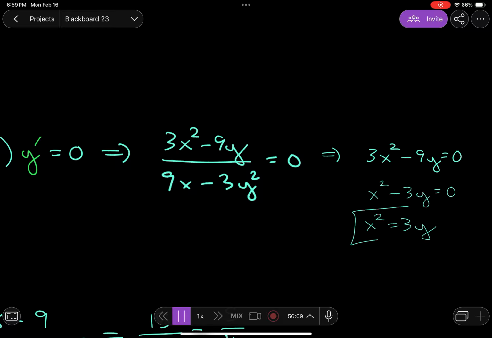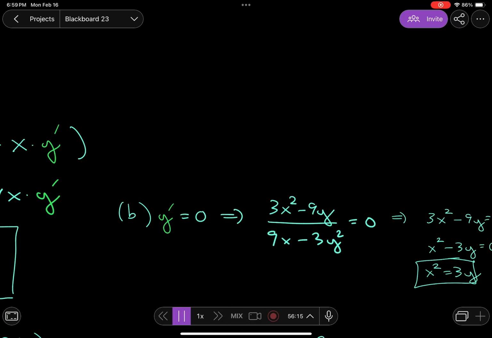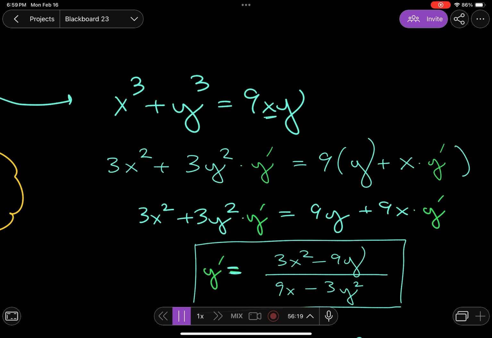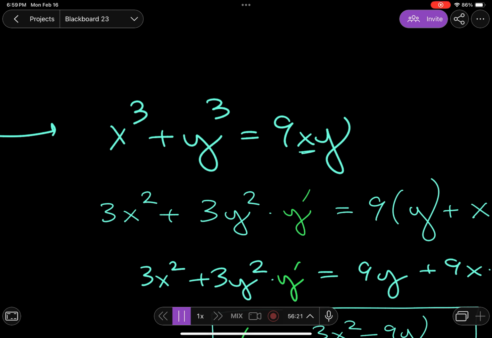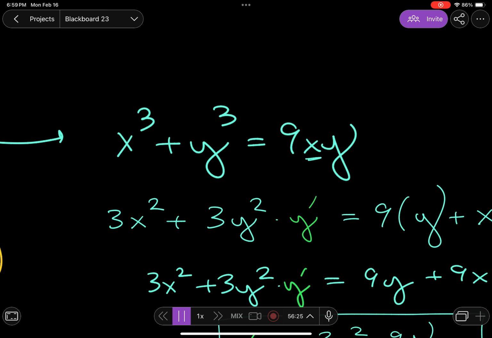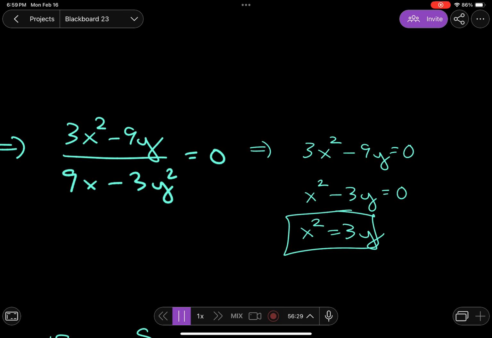Oh, but shoot, that's one equation and two unknowns. So you might think, well, are we out of luck? And the answer is no, because we know that our original equation also has to be satisfied. So don't ever forget the original equation. We know that the point has to satisfy this equation and this equation down here.